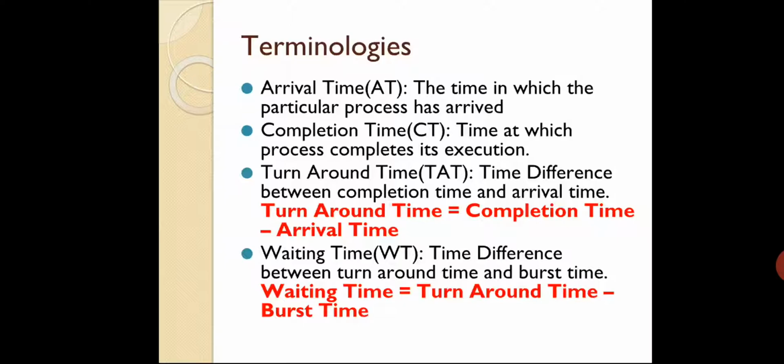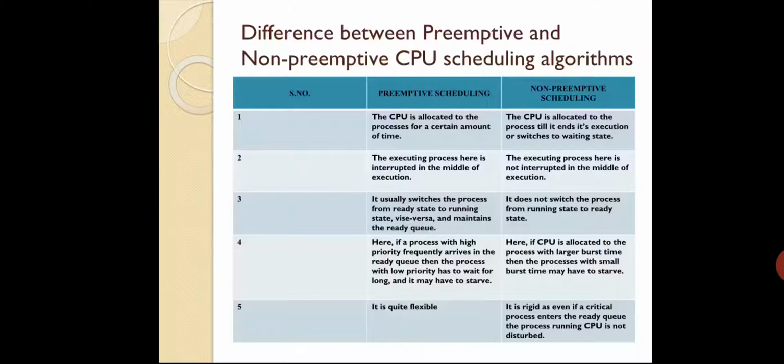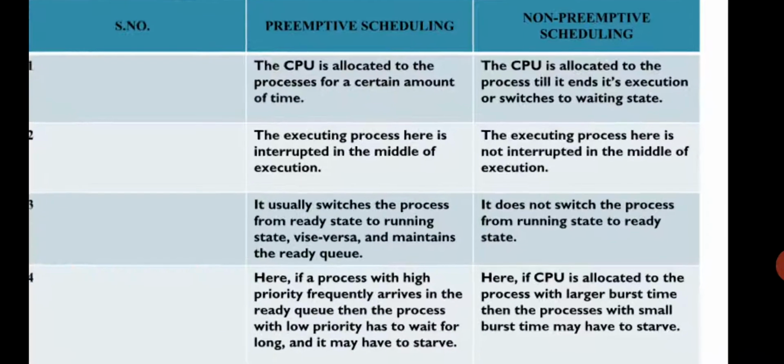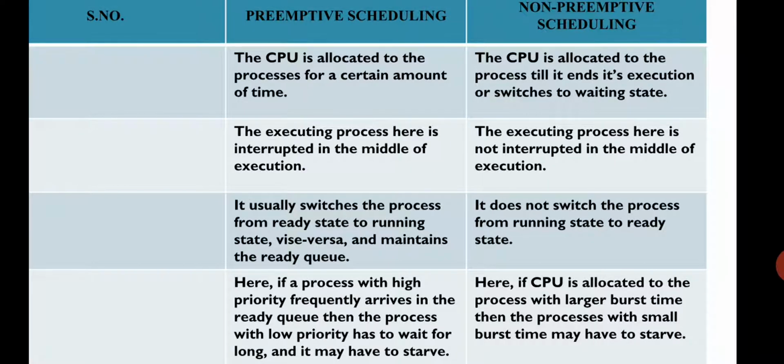Fine. The next thing is you have to see the main differences. It is for your knowledge purpose, and it can also be a particular question which can be asked. I have listed some 4 to 5 differences. So you can see preemptive scheduling and non-preemptive scheduling. First, for preemptive scheduling, the CPU is allocated to the process for a certain amount of time.